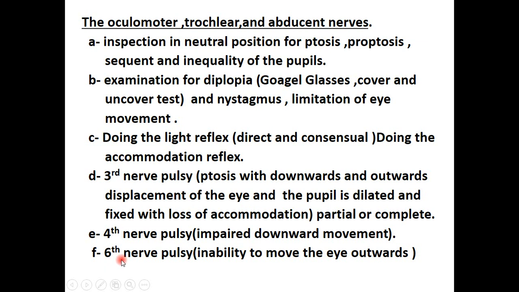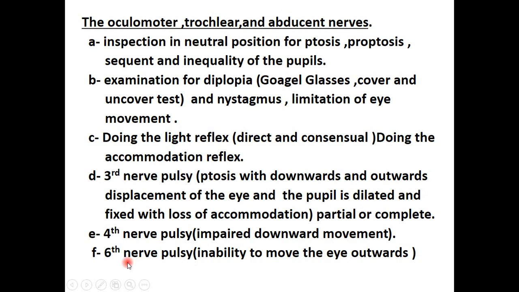Sixth cranial nerve palsy is seen often because of the long course of the nerve inside the brain. The sixth cranial nerve has a long course and is liable to injury, especially in diabetes, stroke or CVA or any brain problems. So when we have a sixth cranial nerve palsy, the patient has inability to move the eye outwards.